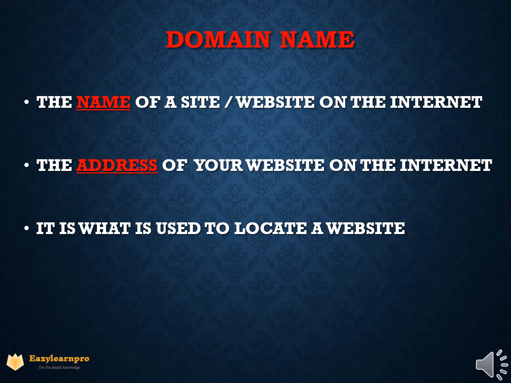It is what we use to locate a website. So assuming you have a website on the internet, what can we use to locate that website? That thing is called the domain name.